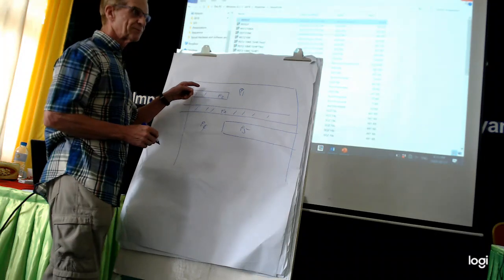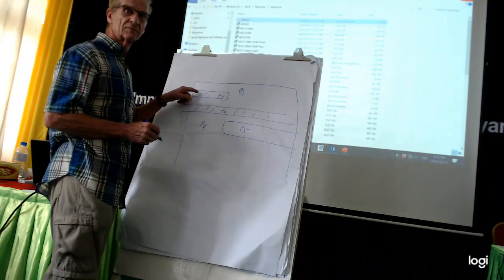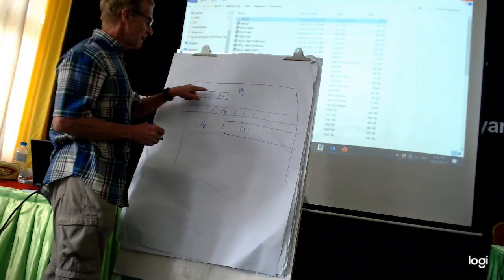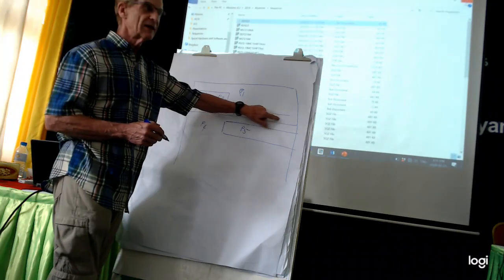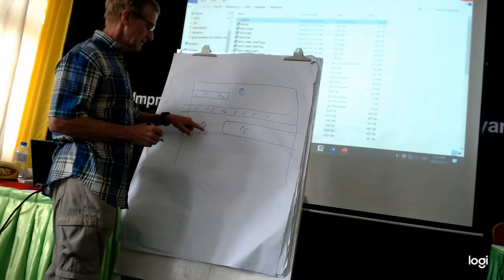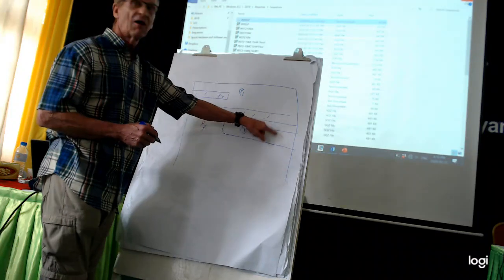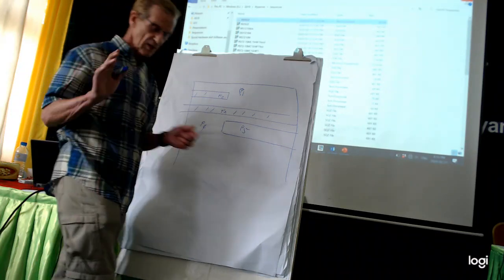So remember, this was our upper aquifer. This might be a clay layer at depth. This might be granite, and this might be our fractured aquifer. Okay?